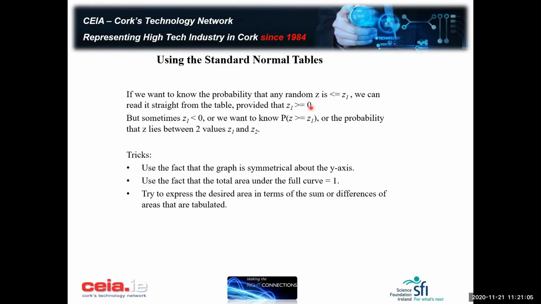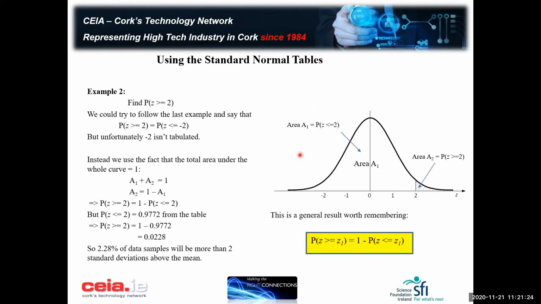In fact, the tabulated value corresponding to Z1 is 0.5, but it's actually a Z1 of greater than 0 that is tabulated. So just in case there was any confusion there. Okay, so let's carry on. I also had a typo somewhere here as well. I think I had a -2 there, so I fixed that too.